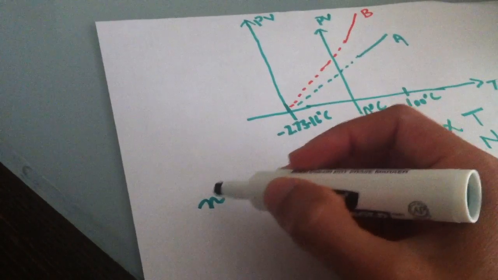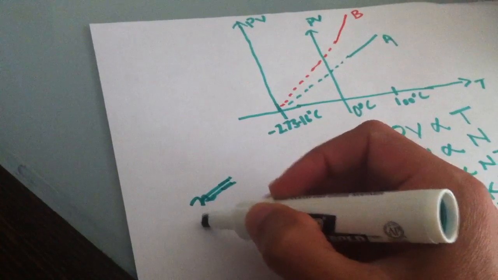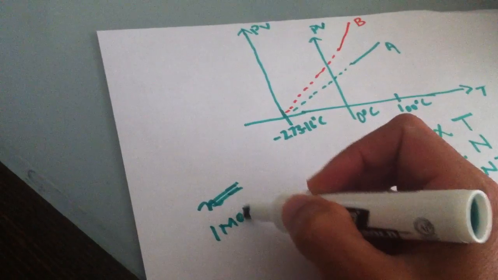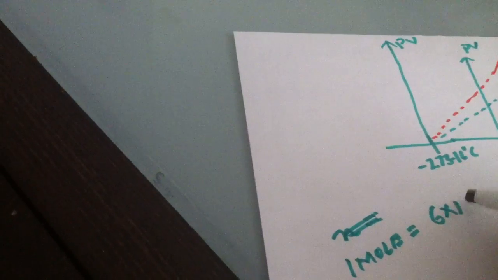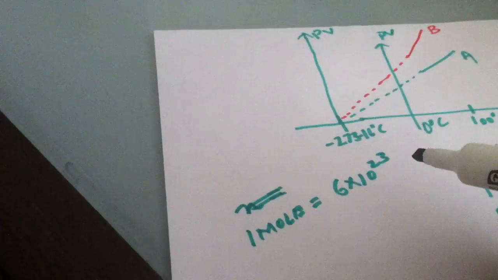So 1 mole is just a quantity which is equivalent to 6 times 10 to the 23 atoms or molecules of the gas.